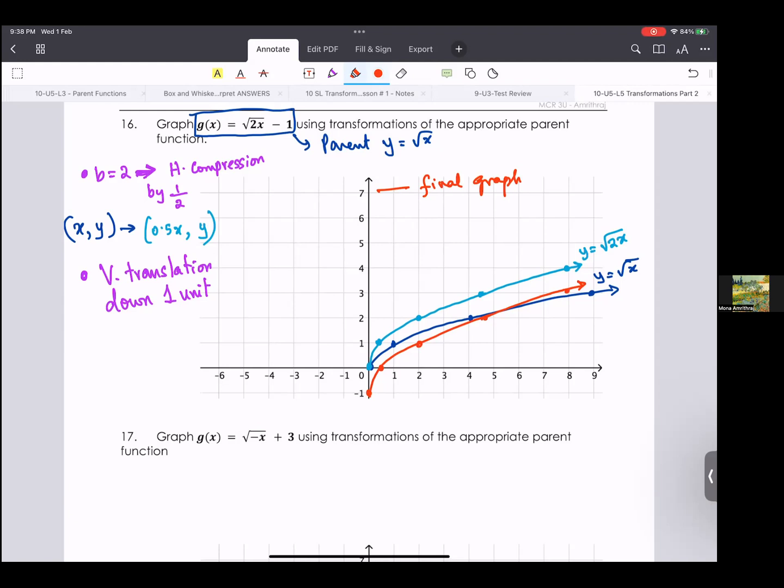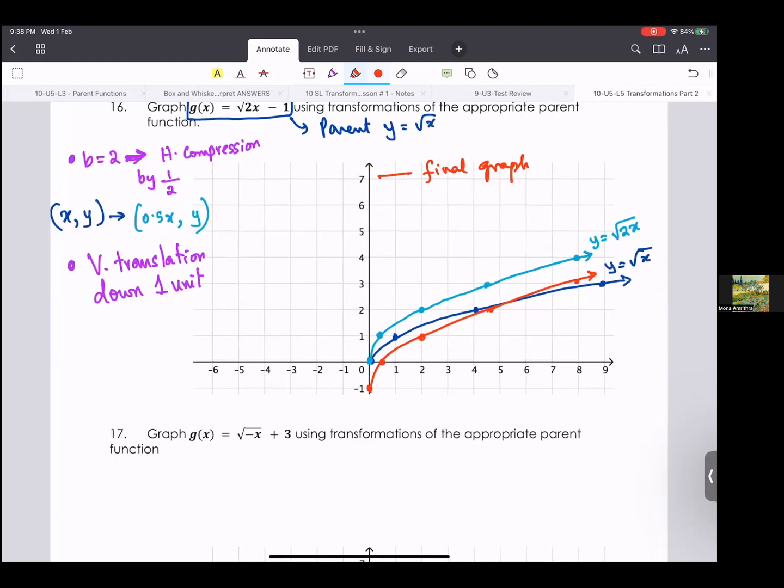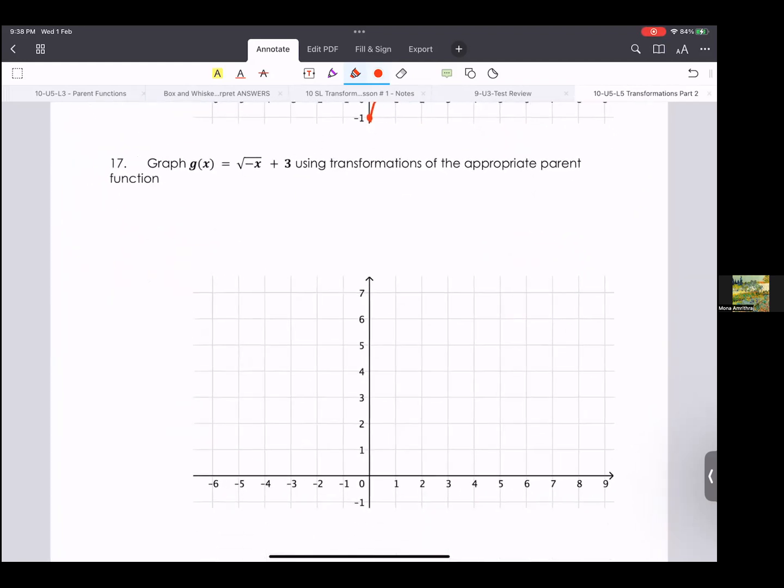Let's try the next one. What's b here? That's a b value. So the b value is -1. So it's going to be no horizontal stretch or compression. Why? Because the absolute value of b is, sorry, this pen is refusing to write.